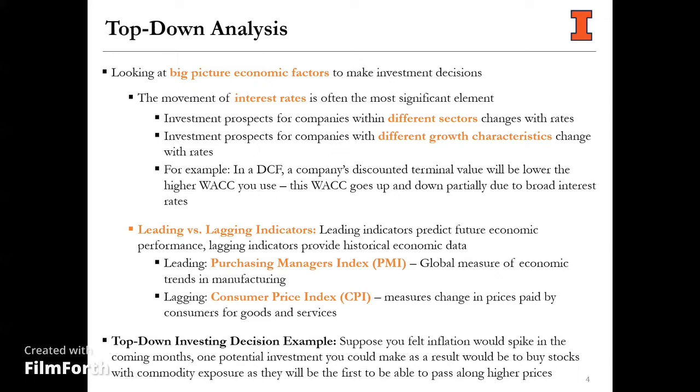When the PMI goes up, then chances are manufacturing around the world will go up, and it's indicated that the economy will go up as a result when we know that manufacturing is going to start heating up in the near future. But when we look at lagging indicators, these provide historical context of economic data, sort of where we've been and sort of the nature of what we're living in at the moment.